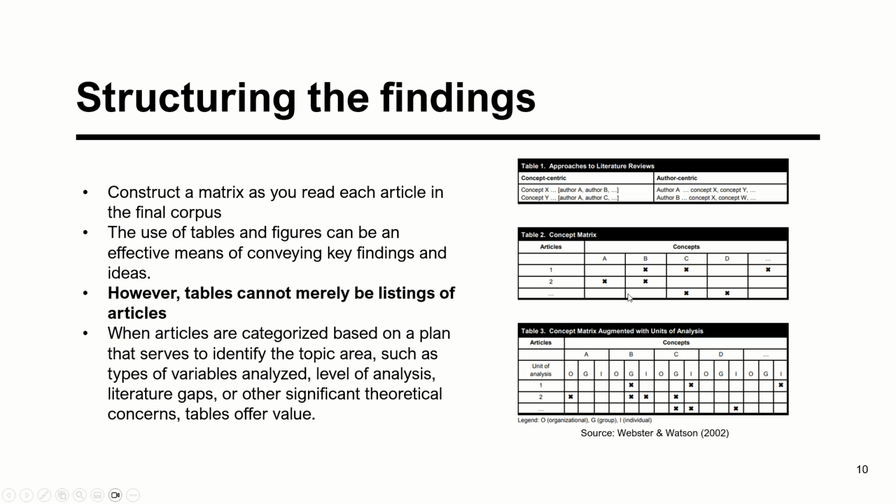Article 2 does not deal with C or D, but it only focuses on A and B, and so on. Or if you want to double click on this and take it a little deeper, there are articles in terms of unit of analysis, right? So what is the unit of analysis in each paper, and so on.